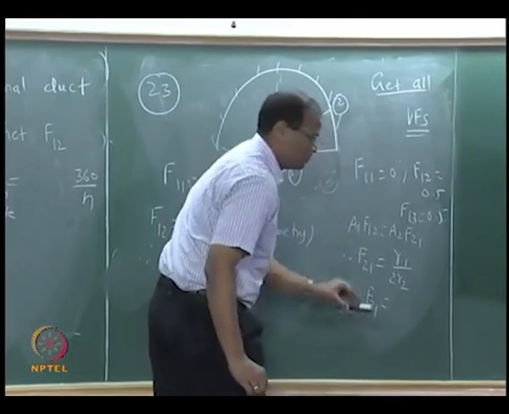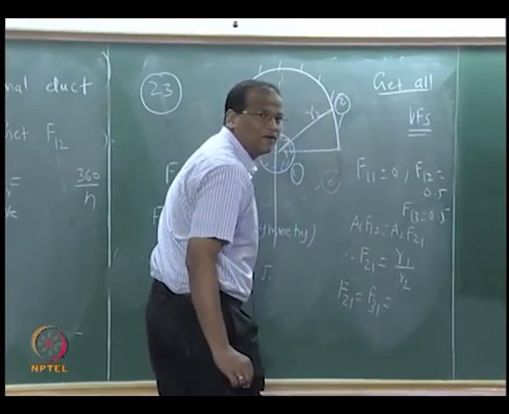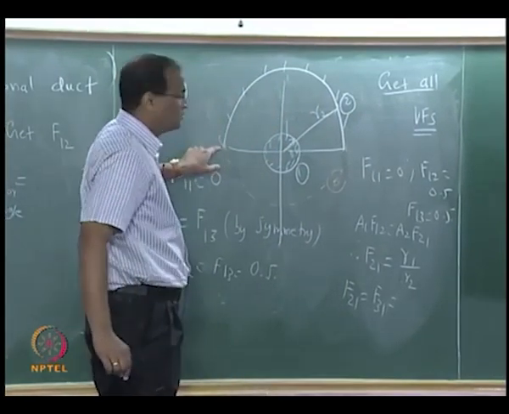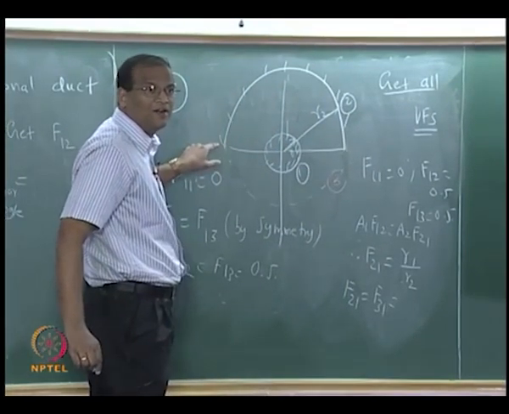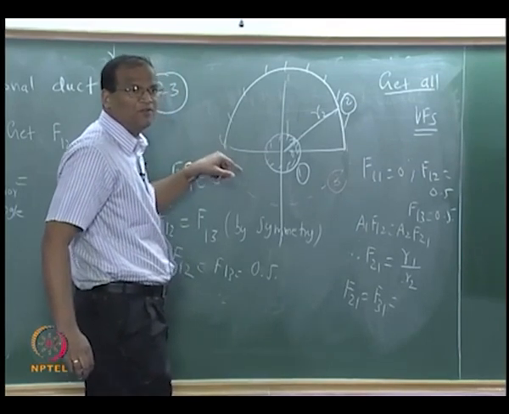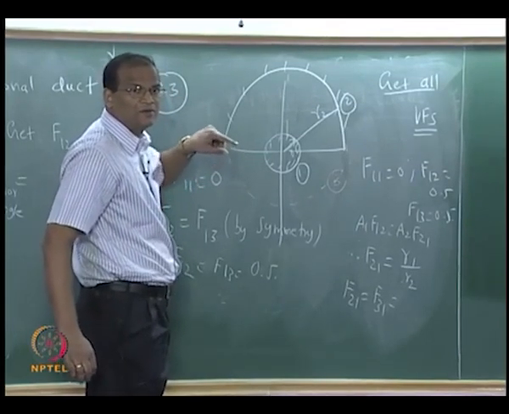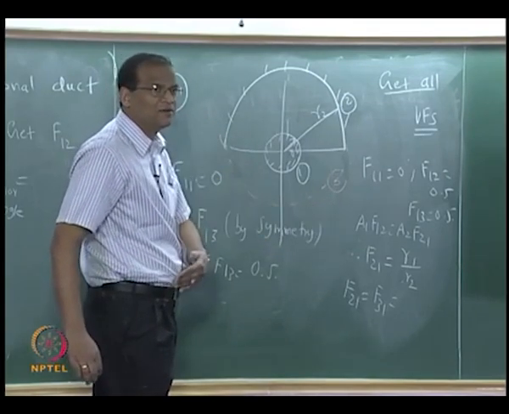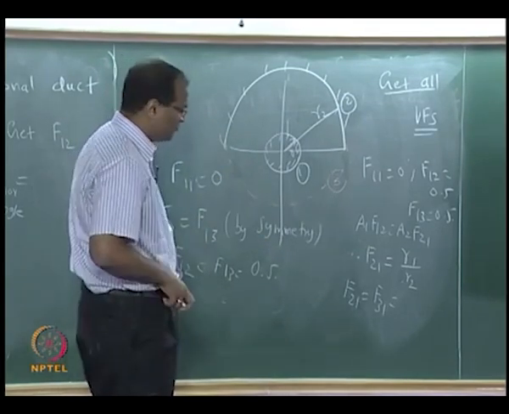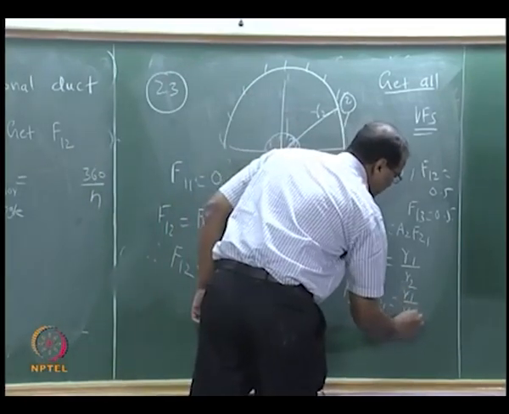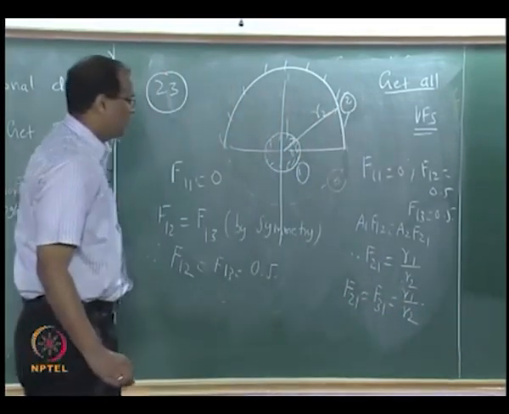Tell me correctly. Half will come, sir. Half area and half the value. Why half the value? For one it is full, isn't it? 0.5 into 2 by R1. Okay, what is the final answer? R1 by R2. F21 equal to F31 equal to R1 by R2. Is it correct? Yes. Okay.